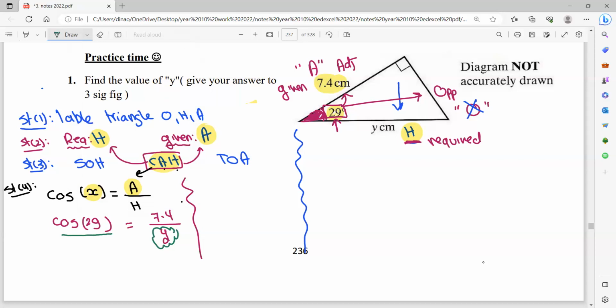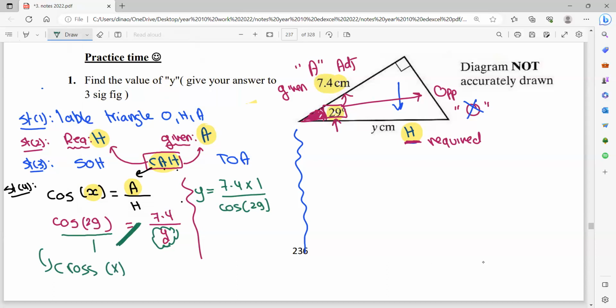Of course, this could be written as over 1. How do I calculate the Y? These two multiply together, so Y is equal to 7.4 times 1 divided by cosine 29. And then you continue by cross multiplication. How do I find the Y? The two numbers opposite each other, multiply them, divided by the third.